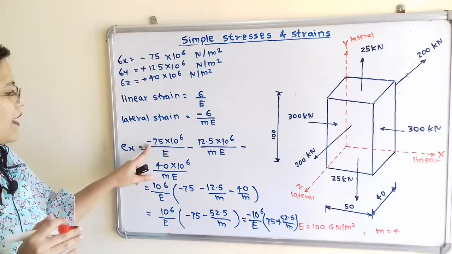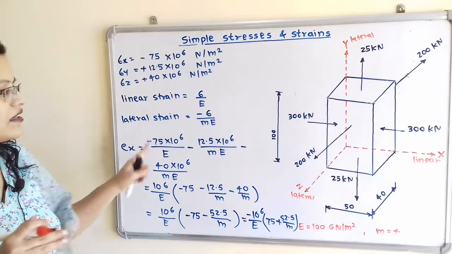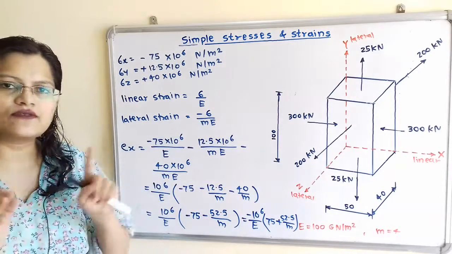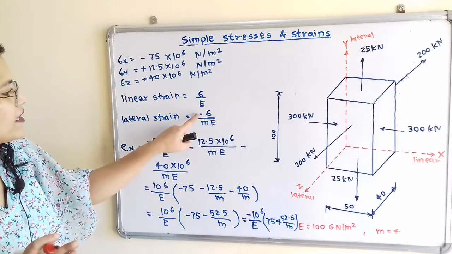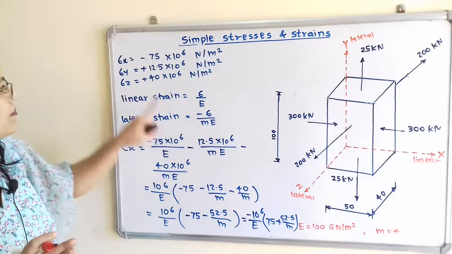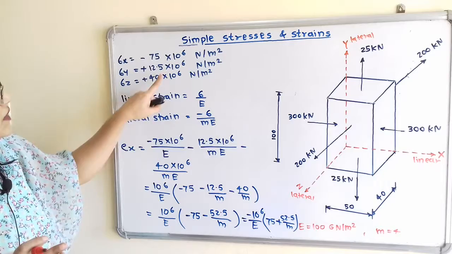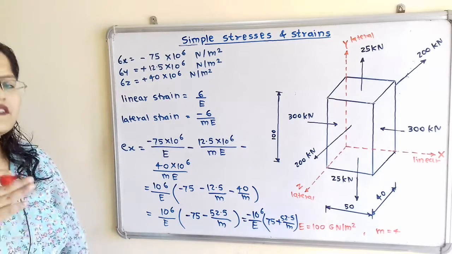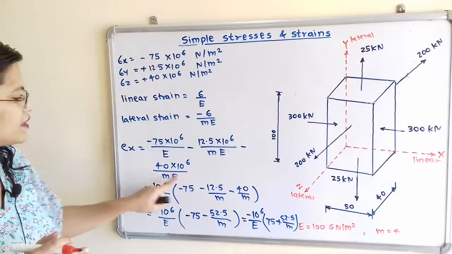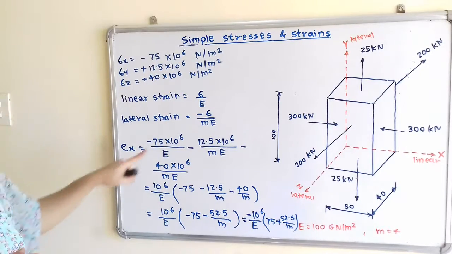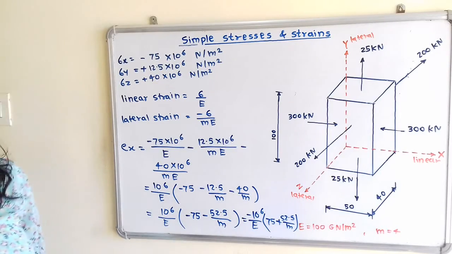So we take minus 75 into 10 raised to 6 divided by E. Now the strain along y and z direction, we take minus sigma divided by mE. So for y direction, minus sigma y divided by mE, that is minus 12.5 into 10 raised to 6 divided by mE, and strain along z direction, minus 40 into 10 raised to 6 divided by mE. Now we will take the common term 10 raised to 6 divided by E, and write the remaining terms in the bracket.